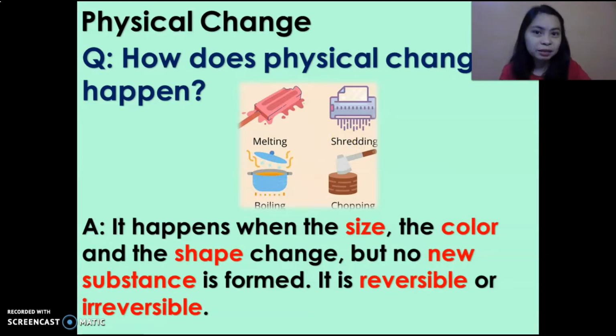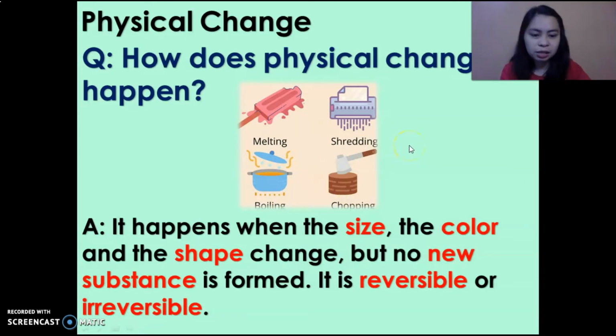Again, shredding. And the last one, we have chopping. Again, chopping. So melting, boiling, shredding, and chopping are all physical changes. We will get to know all about these changes on our next slides.